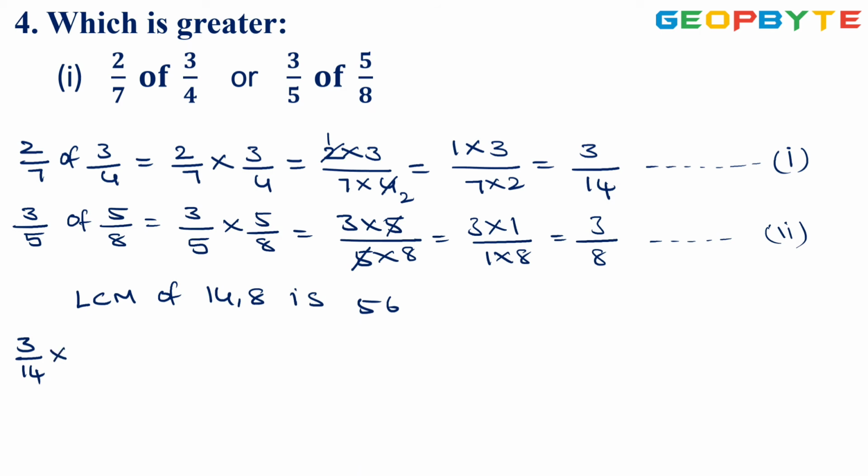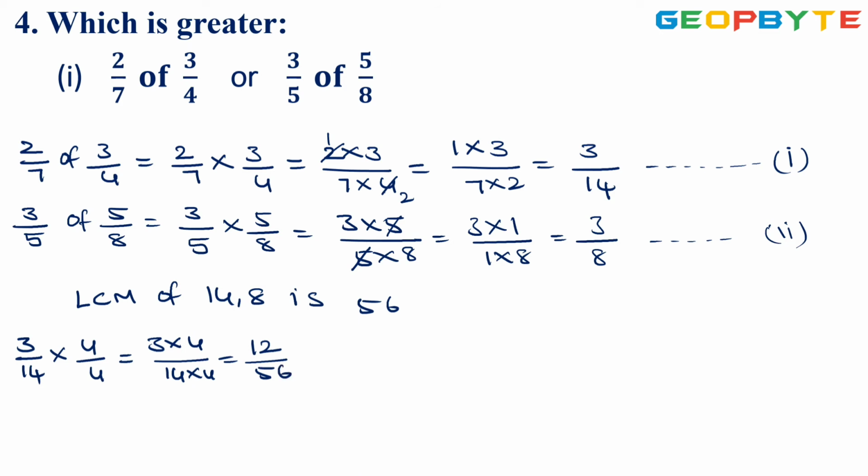So we need to perform multiplication with 4 in the numerator as well as in the denominator, which is equals to multiplication of a fraction is product of numerators, that is 3 into 4 by product of denominators 14 into 4, which is equals to 3 fours are 12 by 56.